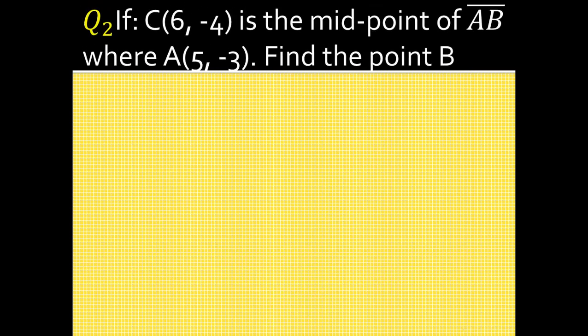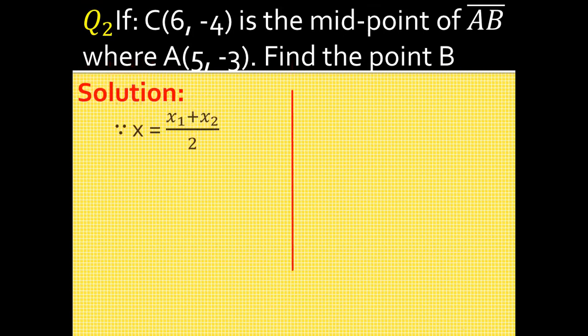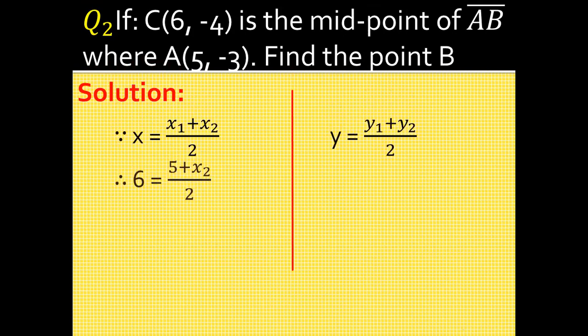Question number 2: if C equals (6, -4) is the midpoint of AB, where A equals (5, -3), find the point B. At first, let the required, or missing, point have coordinates (x, y). Then 6 and -4, the midpoint, equal (5 plus x) divided by 2, and -4 equals (-3 plus y) divided by 2.